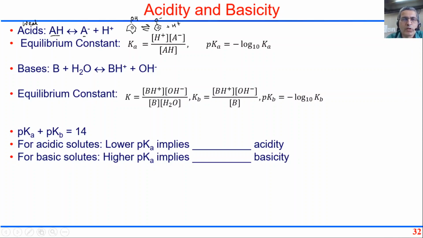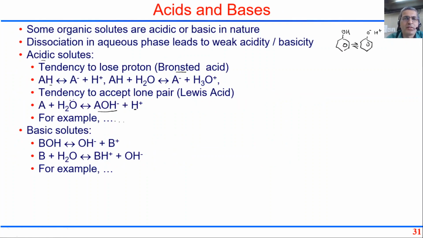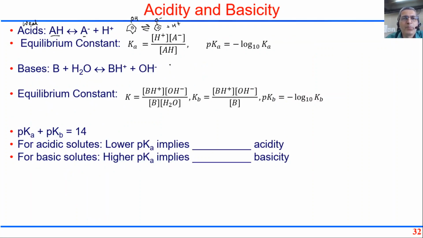We don't write the water because water is constant, it's an aqueous solution if you like, and pKa we define as minus log to the base 10 of Ka. Right? If it's a base, we might want to write it like this: B plus water, giving you BH plus and OH minus, and then again you can write the equilibrium constant Kb.